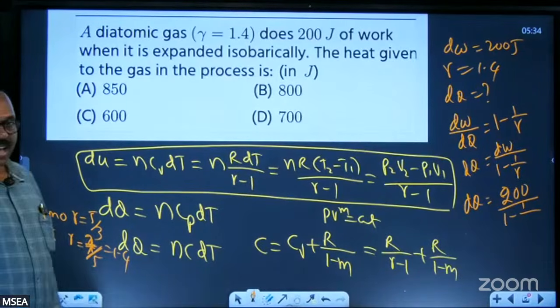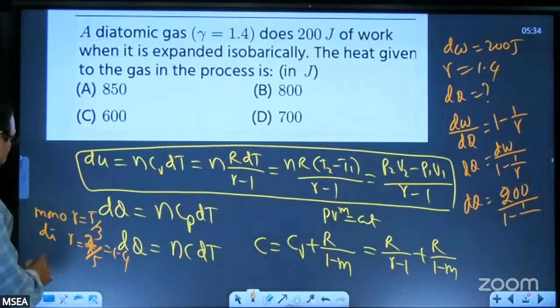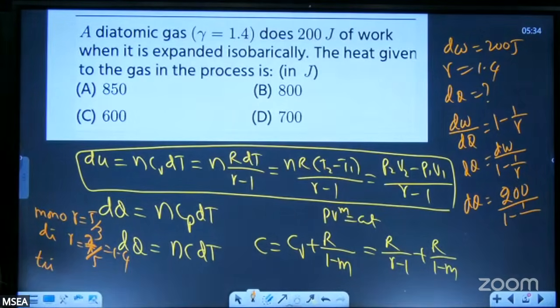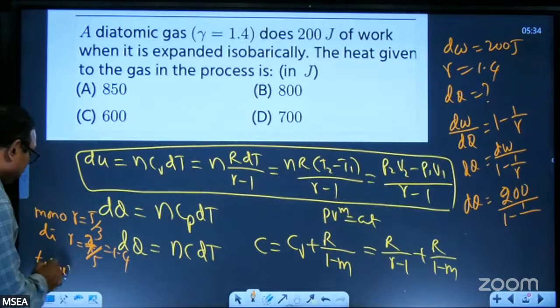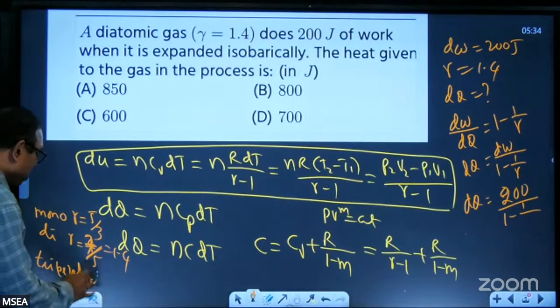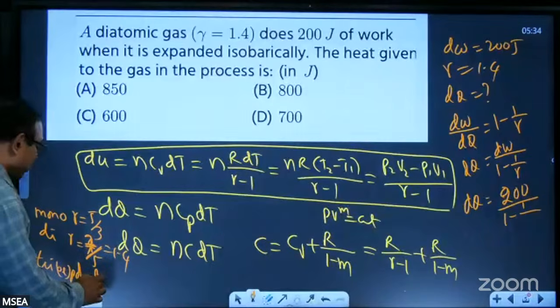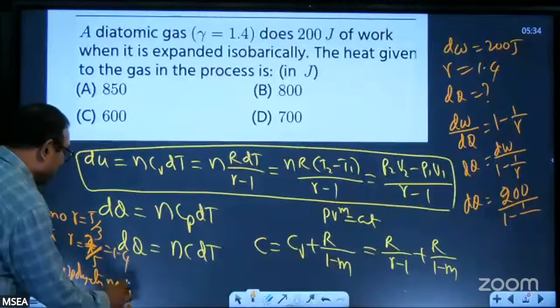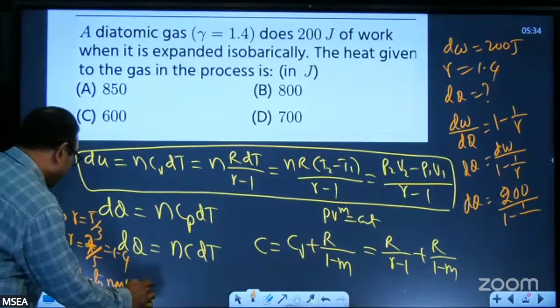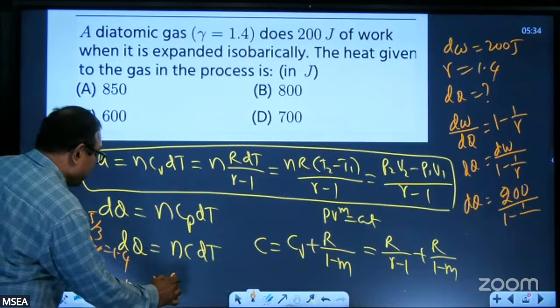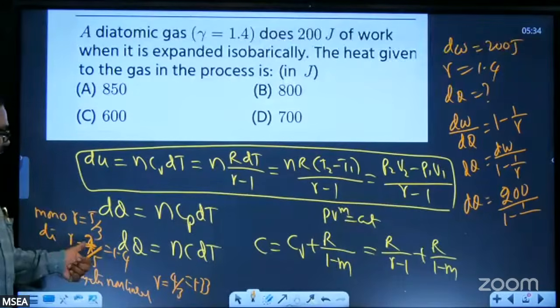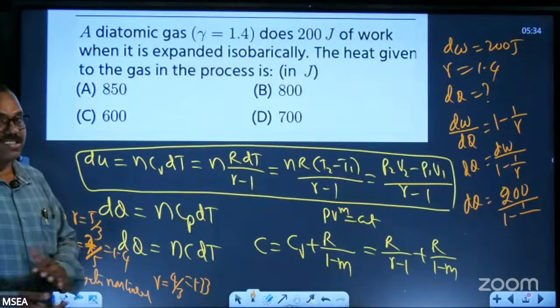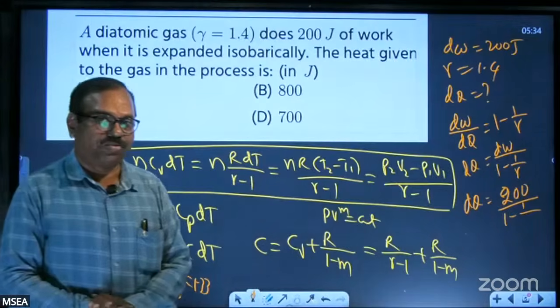Okay, diatomic gas. And also, what about triatomic or polyatomic gas? For a non-linear polyatomic gas, gamma is equal to 4 by 3, which is 1.33. And for a diatomic gas, gamma is equal to 7 by 5, which is 1.4. So for a linear molecule, gamma is equal to 1.4.